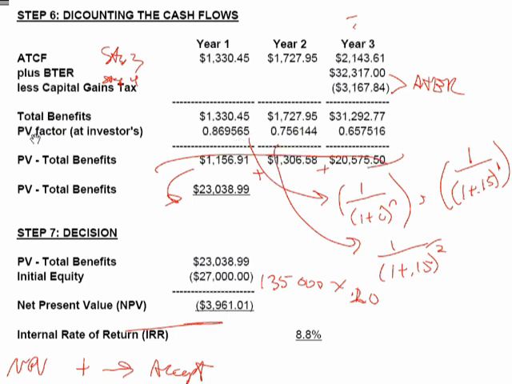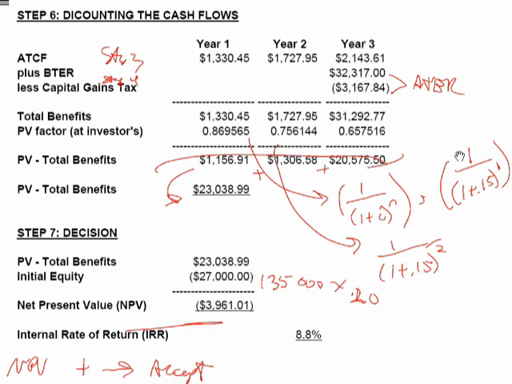But let's calculate the present value factors at a 15% discount rate for 1 year. And again, you could use your calculator, but the formula is pretty simple. The formula for discounting, in this case, we're going to calculate the present value factors. So it's the present value of $1 in the numerator, and in the denominator, it's 1 plus i to the nth power. And i is the discount rate, or the required rate of return.